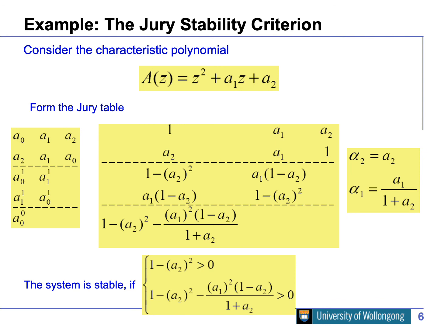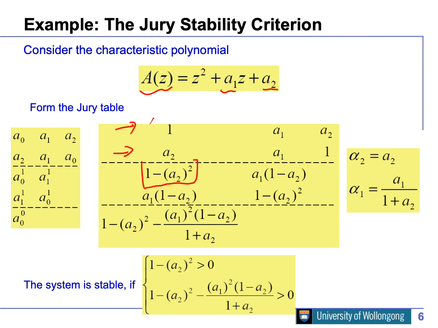Another use of Jury's stability criteria is that you can not just tell whether the system is stable or not, you can find a range of parameters. You can find a range of A1 and A2 to make this system stable. So it's not only checking one value, it actually gives you a suitable range. Say in this case you have 1, A1, A2 as the first row, the second row is the reverse, and you do all the calculation.